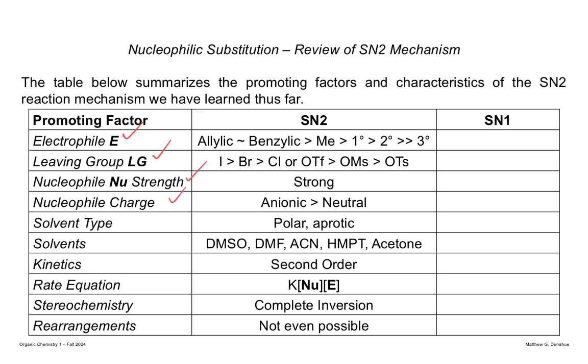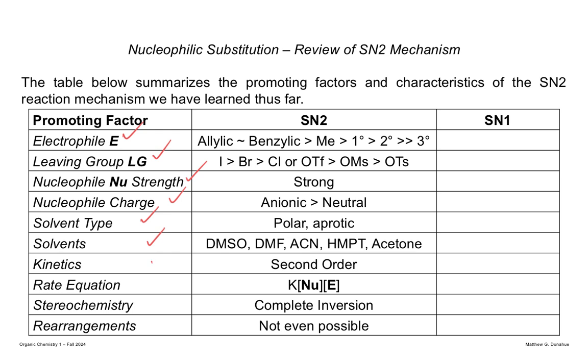So that means it should be an anionic nucleophile. Solvent, you want polar aprotic. The common examples of that are shown. Again, for organic chemistry, there's a lot of abbreviations used, so you'll have to know what DMSO means in terms of the name and then the structure.